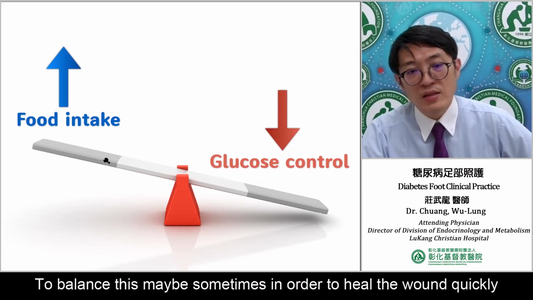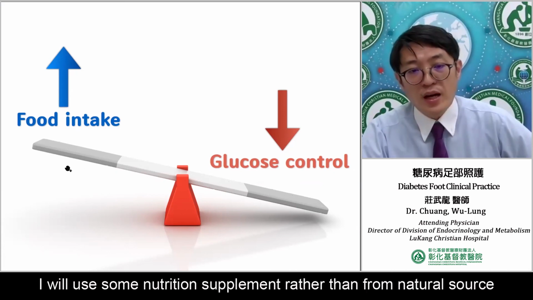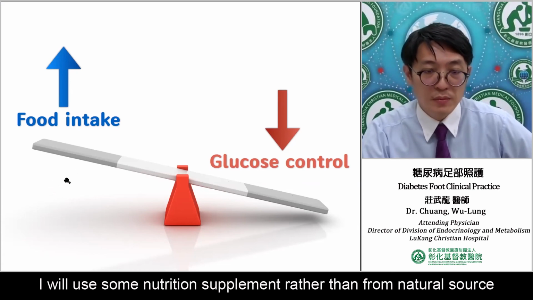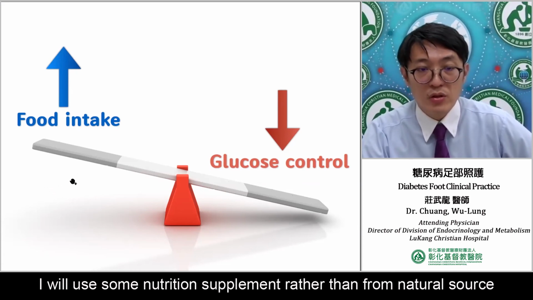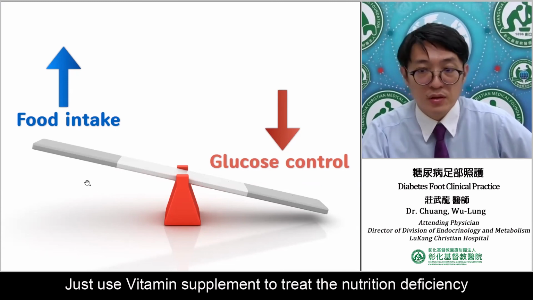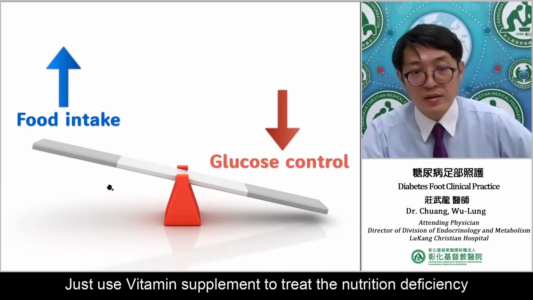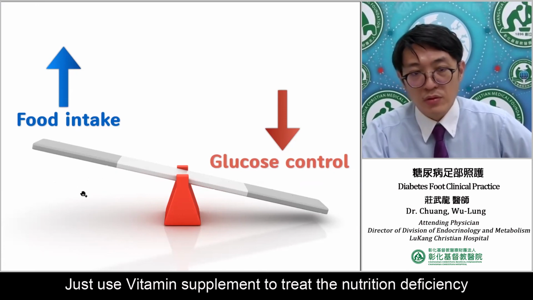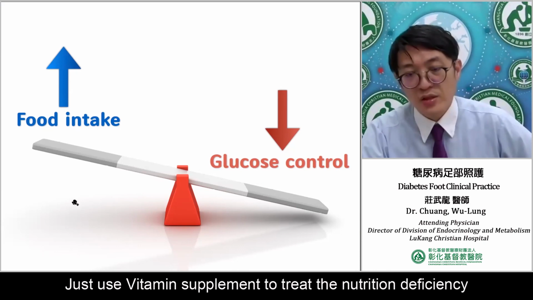So to balance this, sometimes in order to heal the wound quickly, maybe I will use some nutrition supplements rather than natural sources. Just use the vitamin supplement to treat the nutrition deficiency.